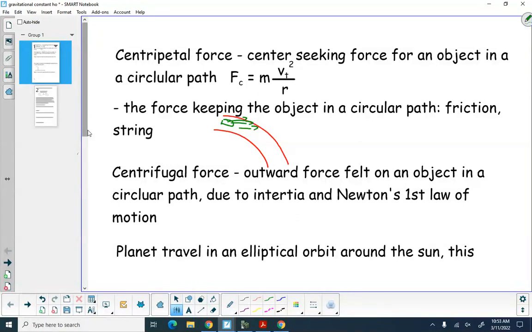The car, by friction, maintains the circular path, but the objects want to continue in a linear path because that's what inertia tells us to do. So centrifugal force, which is not a calculating thing, is a force that pushes people going in a circular path outwards.